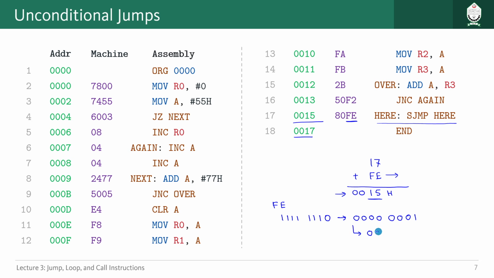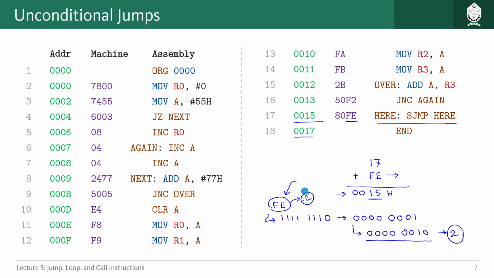It will be 0000 0010. So which is equal to what? 2 in decimal. Am I right? So if you have started with this value and taken the 2's complement of that, and finally that resulted in a value of 2, then obviously this value should be minus 2, right?